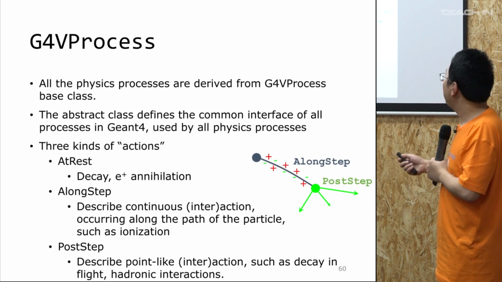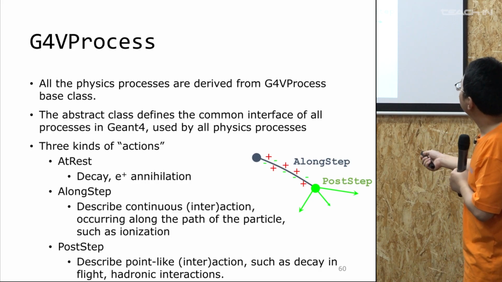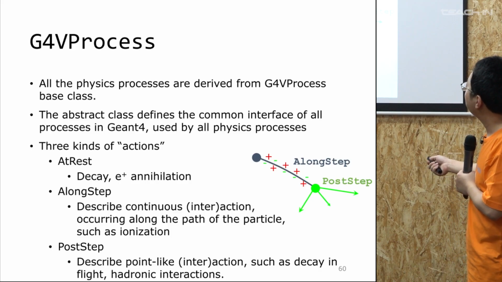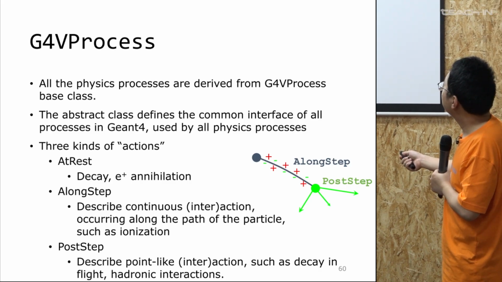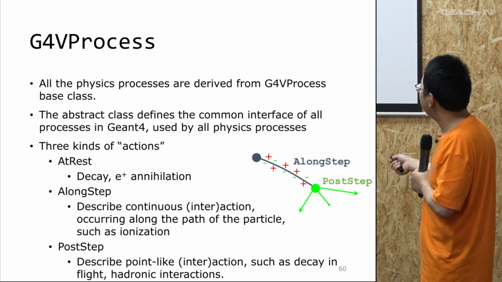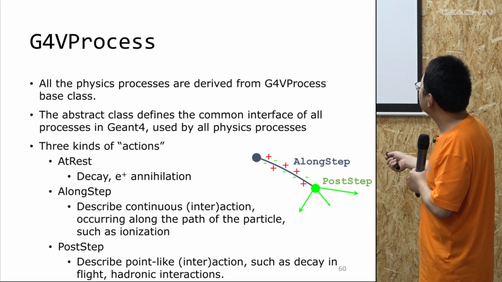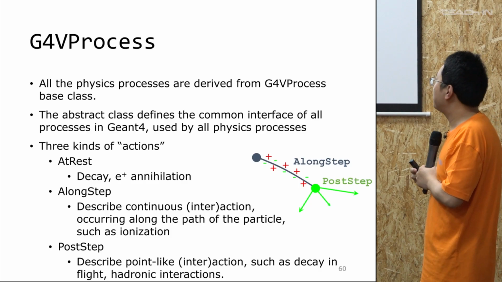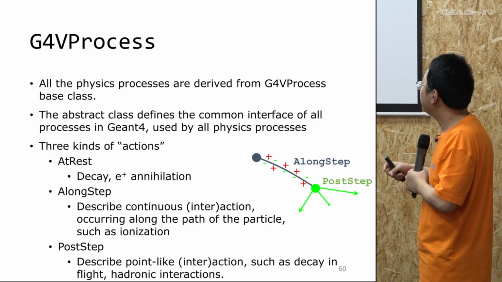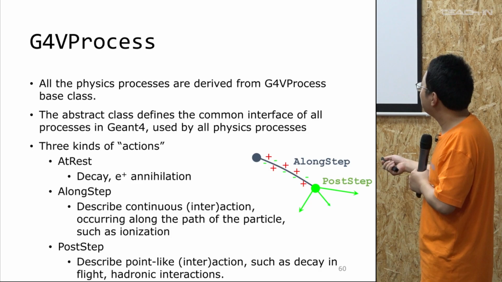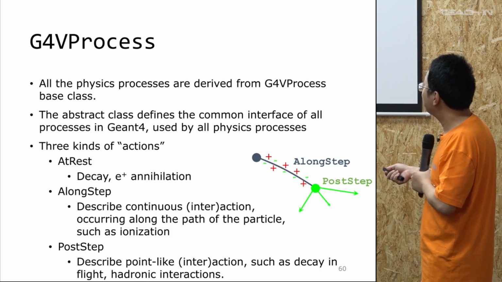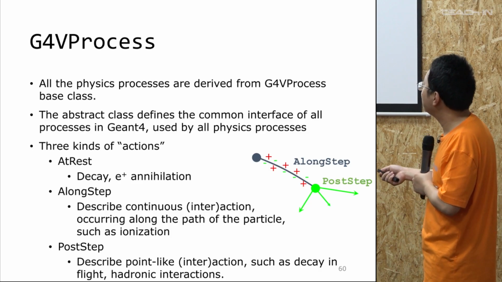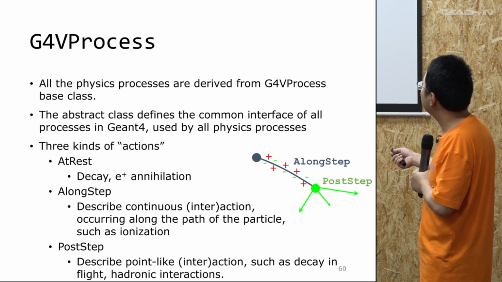Another is called AlongStep. That means when a particle moves from one step to the next, during this step it will create some continuous effects, for example ionization, which can create a lot of electrons here.